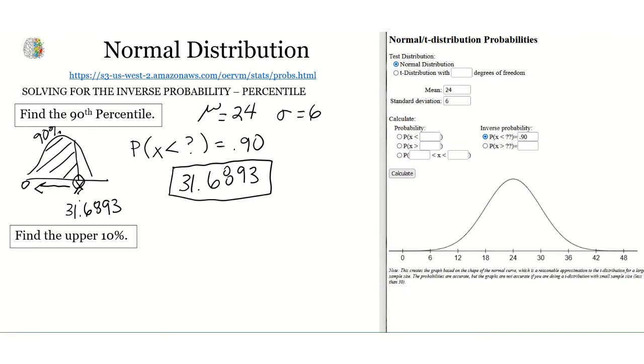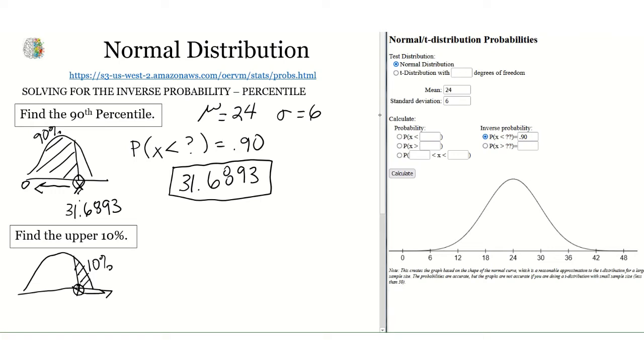Our next problem asks us to find the upper 10%. So if we graph that, we are looking at the upper 10% probability, and once again we want to find what is that X value that is going to give me this 10%. And the upper 10% is going to the right.